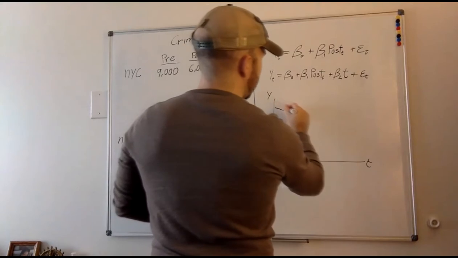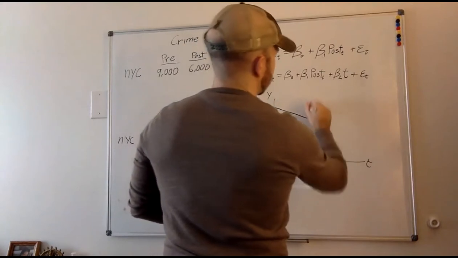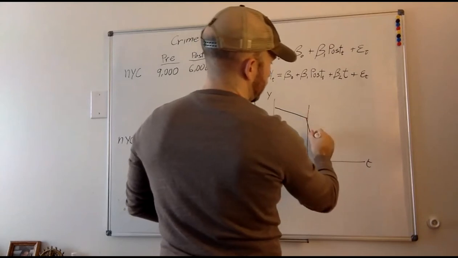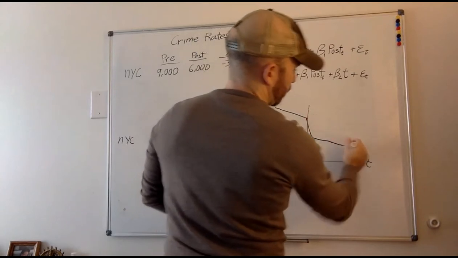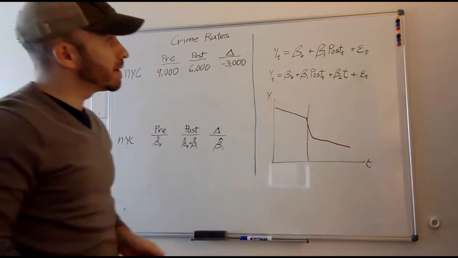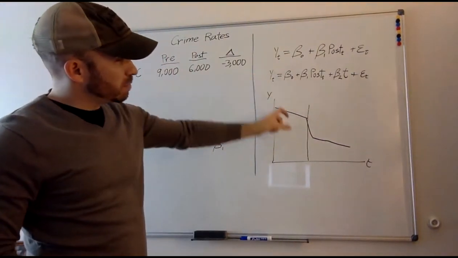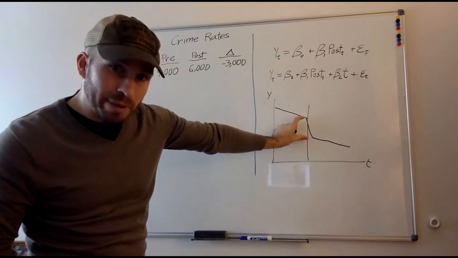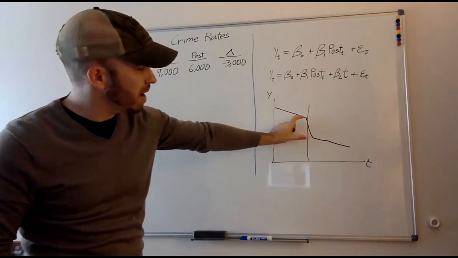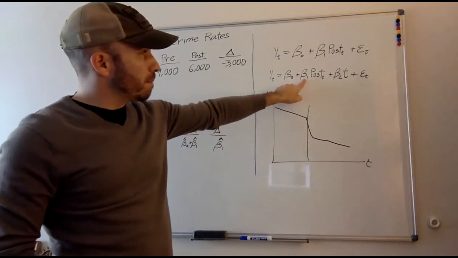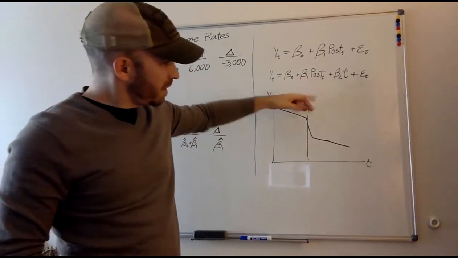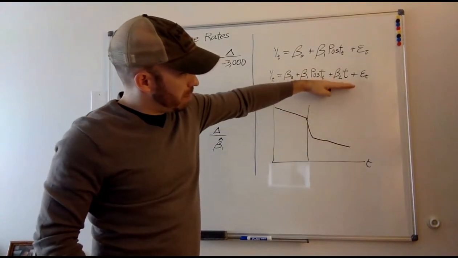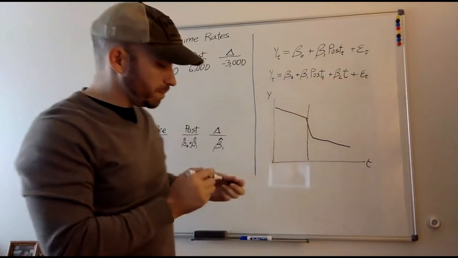So if, as we suggested, there is a downward time trend prior to the policy, and then we do this, and then resume that same time trend, what this equation would be doing is fitting that apparent shift to the beta 1, and then approximating that linear decrease in crime over time to this beta 2.